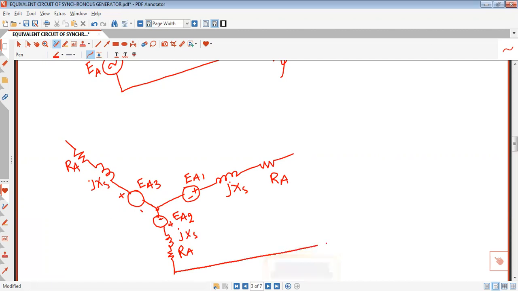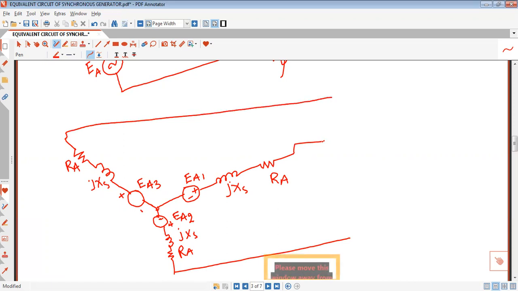If we take the output from here, three phase output lines will be available, and from here it is transmitted through the transmission line. So these connections are in a star connection. Similarly, we can also connect in delta.